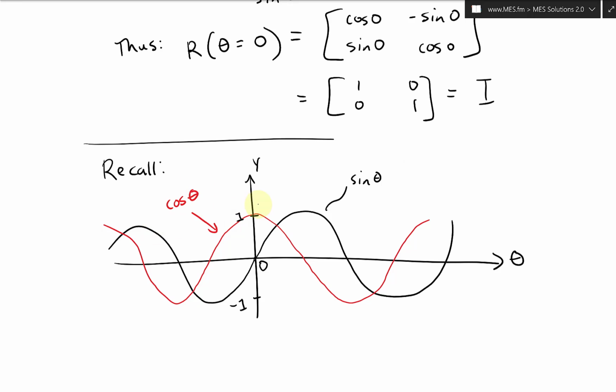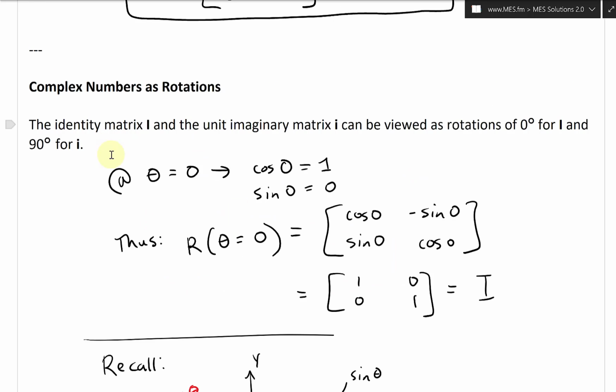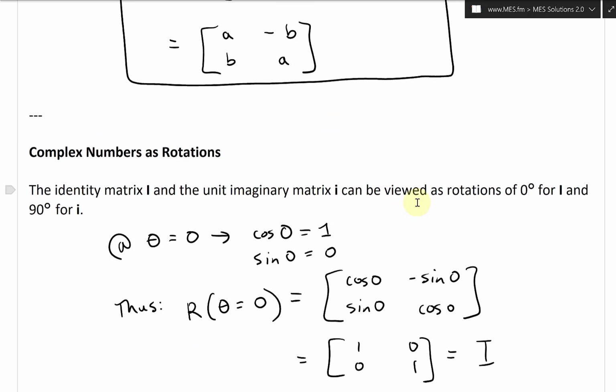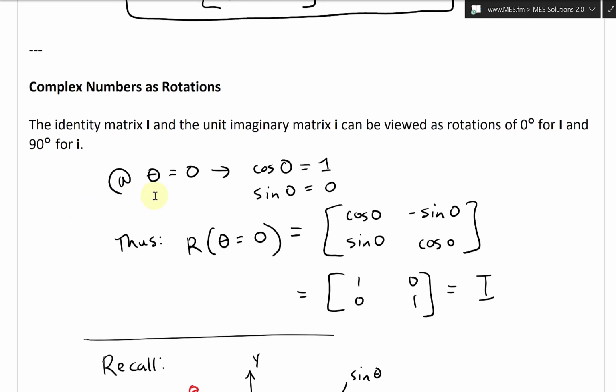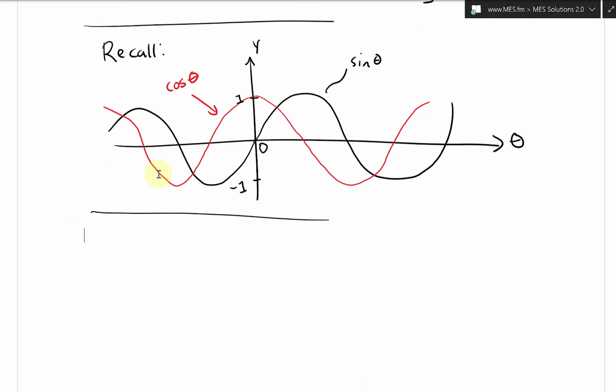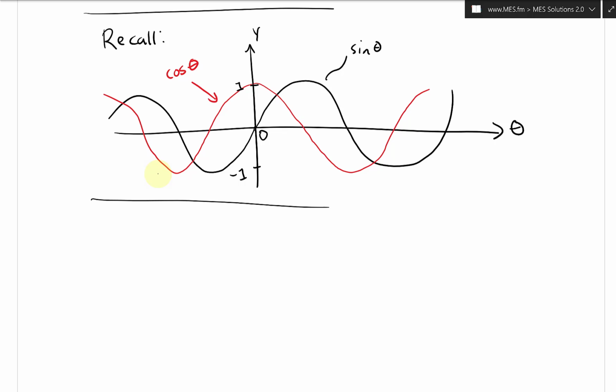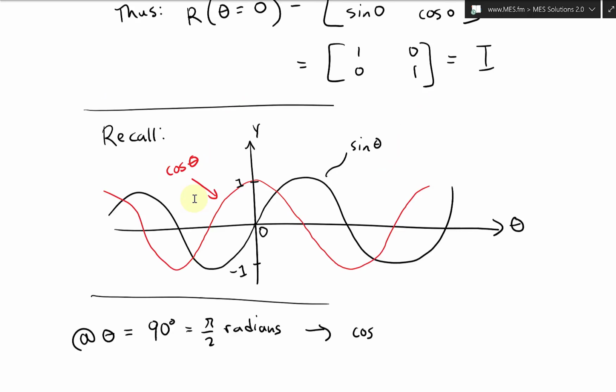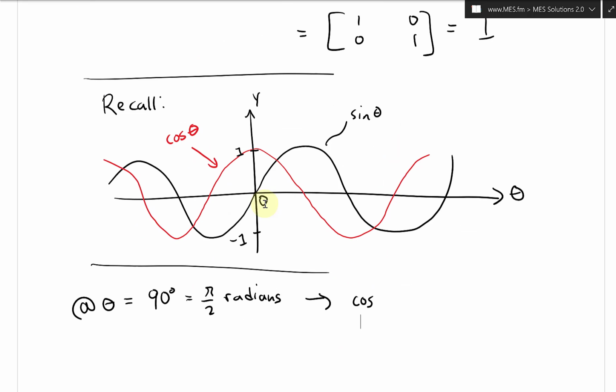All right, so let's continue further. So this is for the identity matrix. Now let's look at the imaginary matrix, and this one is at a 90 degrees turn. So at theta equals 90 degrees, which is equal to pi over 2 radians, in the different units there, what we get is cosine pi over 2, which equals 0.